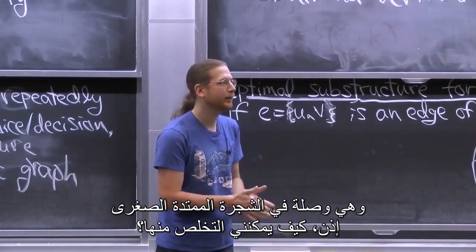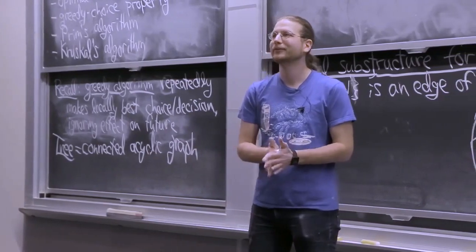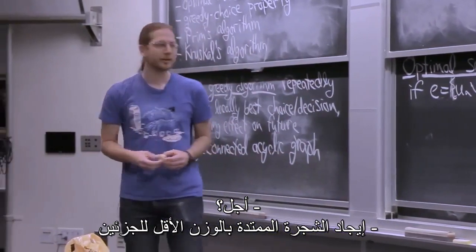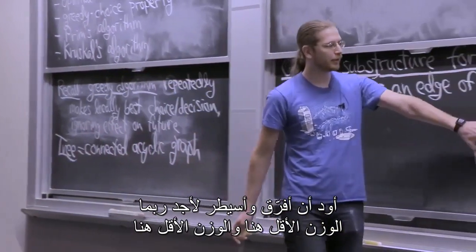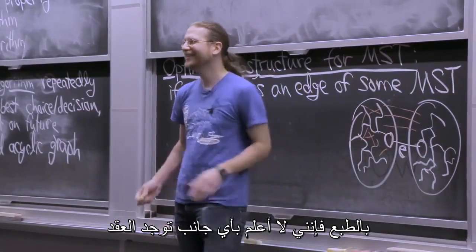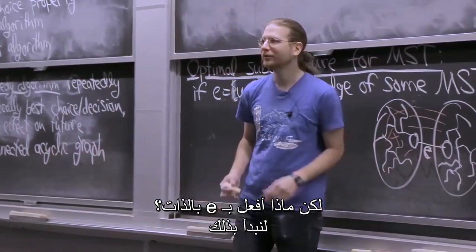So how could I get rid of it? Yeah? Find the minimum weight spanning tree of the two connections. I'd like to divide and conquer, maybe find the minimum weight over here, minimum weight over here. Of course, I don't know which nodes are on what side, so that's a little trickier. But what do I do about E itself? Let's start with that.